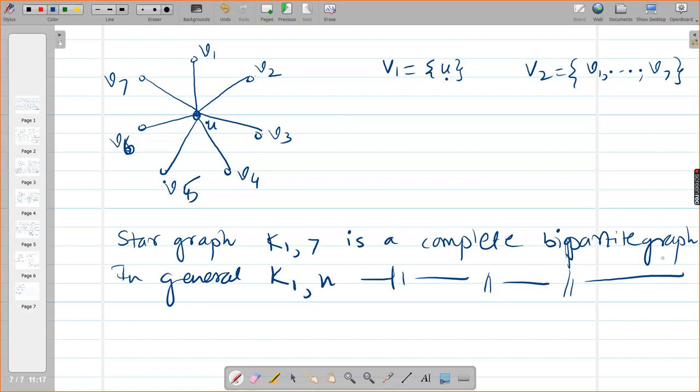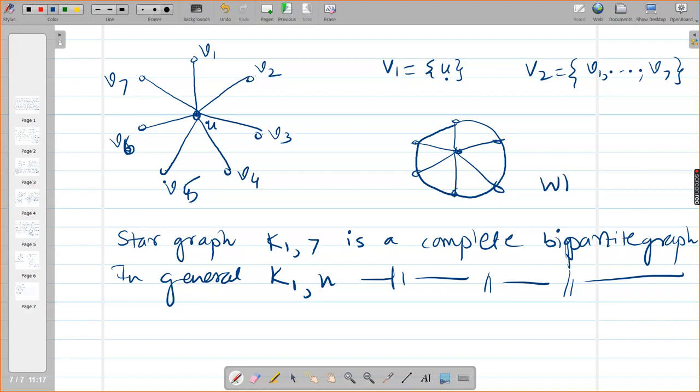Finished? Now if I modify this graph, if I just add a few edges to this graph, this is a star graph. If I made these adjacent, will this be a bipartite graph?